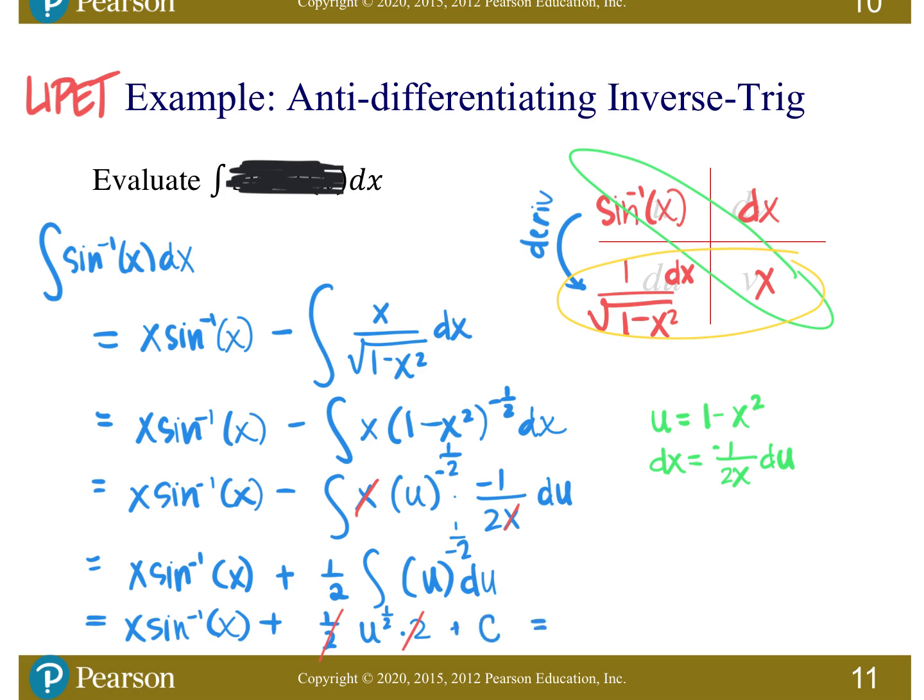So my final answer will be x sine inverse of x plus u to the 1/2, which is the square root of 1 minus x squared, and then plus c on the end. Okay, those are some doozies because it's all combined.